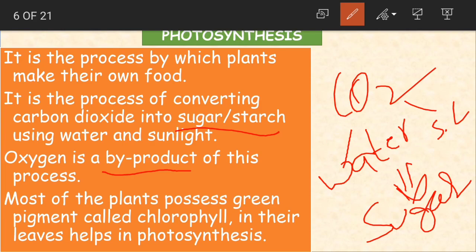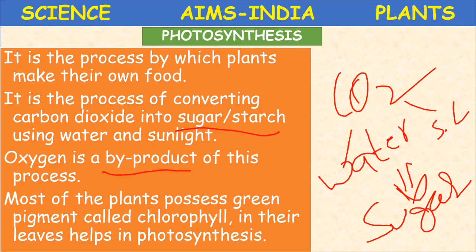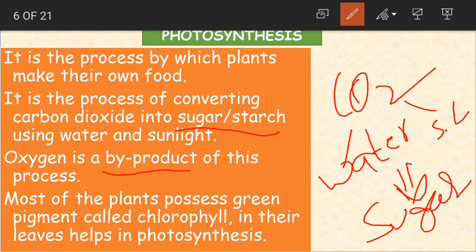Now, what is photosynthesis? Photosynthesis is the process by which plants make their own food. And how do they make it, children? The carbon dioxide is converted into sugar or starch using water and sunlight.